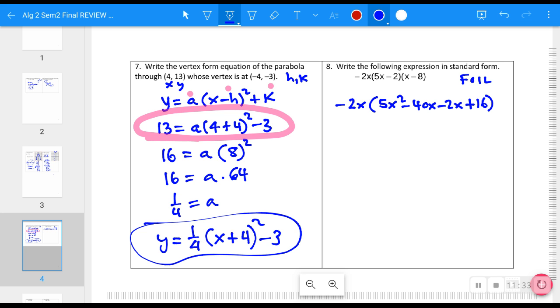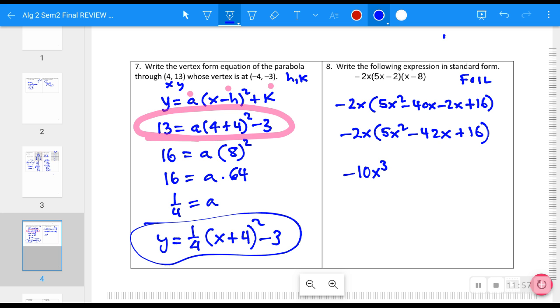Yeah, I'll consolidate a little bit on the inside here. And now we multiply all the way down, multiply by negative 2x. So negative 2x, when you distribute it on the first term, gives negative 10x cubed.